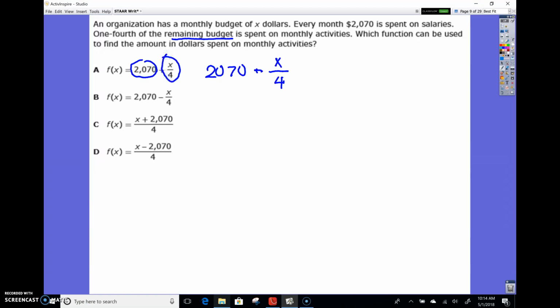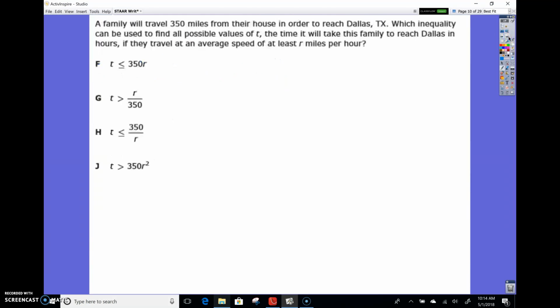This one is a tricky one. A family will travel 350 miles from their house in order to reach Dallas, Texas. Which inequality can be used to find all the possible values of t, the time it takes the family? t is the time it takes the family, and r is the miles. You see the word at least? You're looking for time.